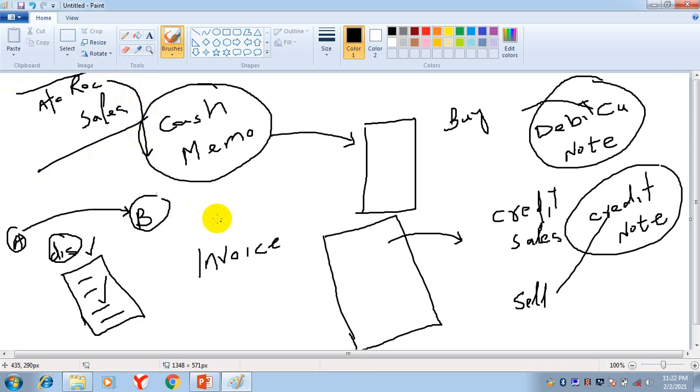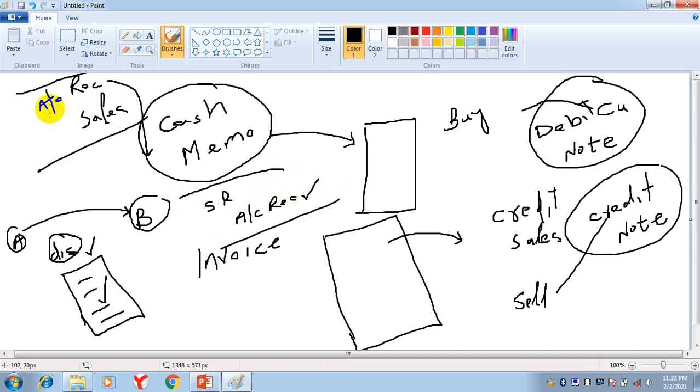So what will be the entry? Sales return will be debited, and account receivable will be credited. That's why we call it a credit note, because the account of the customer will be credited.